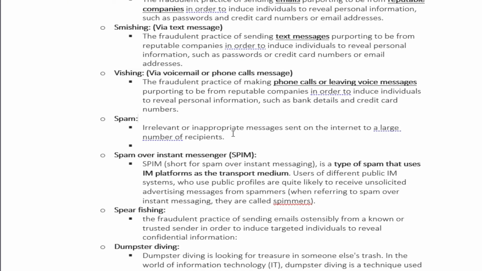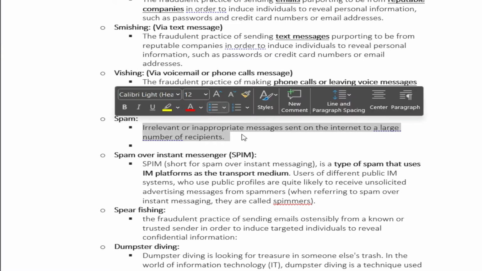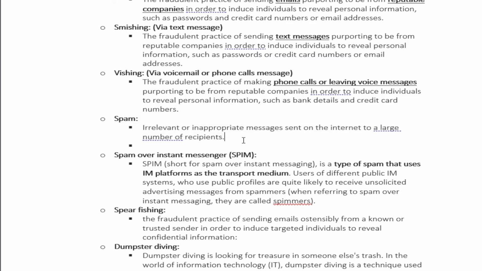And now the next step is to spam them, right? So they'll send the same email to 100 people, 200 people, 1,000 people or more. And a lot of times in your email client, you can actually click on a specific email and send it to the spam folder. Sometimes it goes in there automatically, but that is spam: irrelevant or inappropriate messages sent on the internet to a large number of recipients.